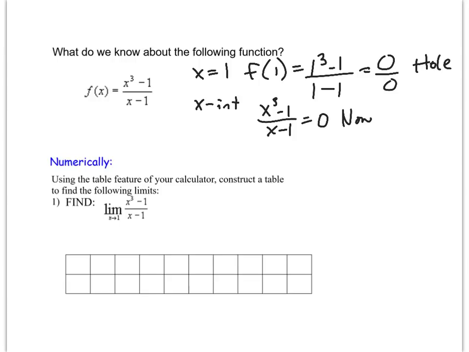When we want a y-intercept, we substitute 0 in for x, so we have 0 minus 1 over 0 minus 1, which is a positive 1, so that tells us that f of 0 is equal to 1. And it does have a y-intercept at 1.